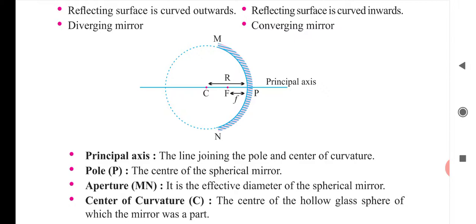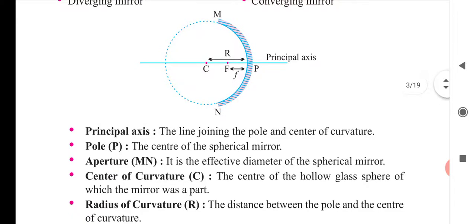Next concept is the center of curvature. It is the center of the hollow glass sphere of which the mirror was a part. Actually this mirror is made from a hollow sphere. The hollow sphere is cut into 4 or 5 parts. Depending on the polished surface, if we polish it outwards, we call it a concave mirror. If we polish it inwards, we call it a convex mirror.